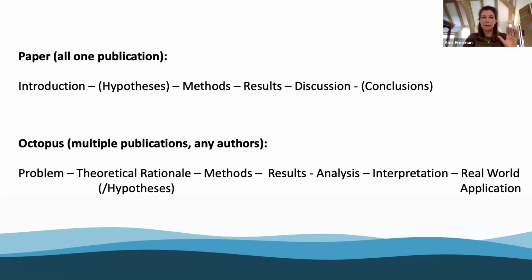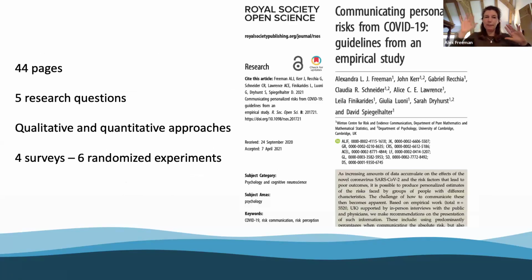So I was just going to talk through an example. I had an existing paper that my research group had published, here on the right-hand side. We published this in Royal Society Open Science, which is one of the journals that's partnered with Octopus, but we published it during the COVID pandemic, before the partnership. It was a really massive paper: 44 pages, 5 research questions, qualitative work, quantitative work, really big experiments.